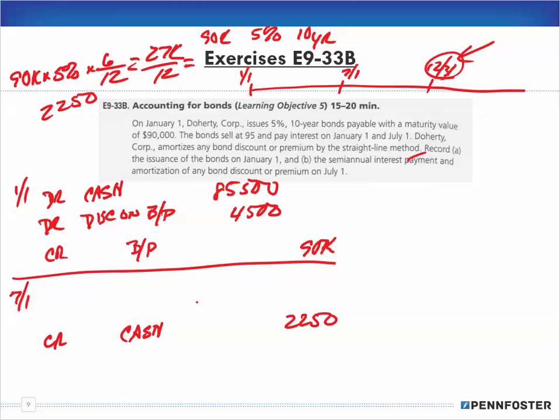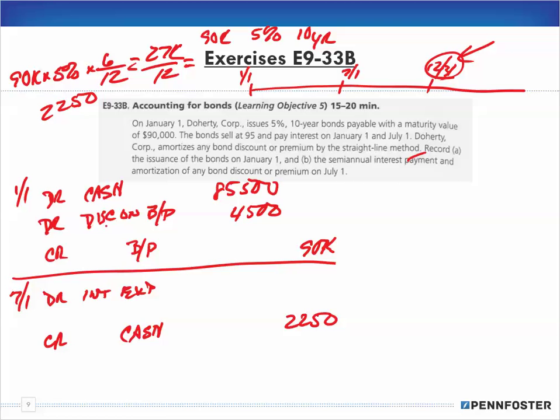We also know that we're going to debit our interest expense. But we don't know how much that is at this point, for the simple reason that we also have to consider our discount on our bond payable.